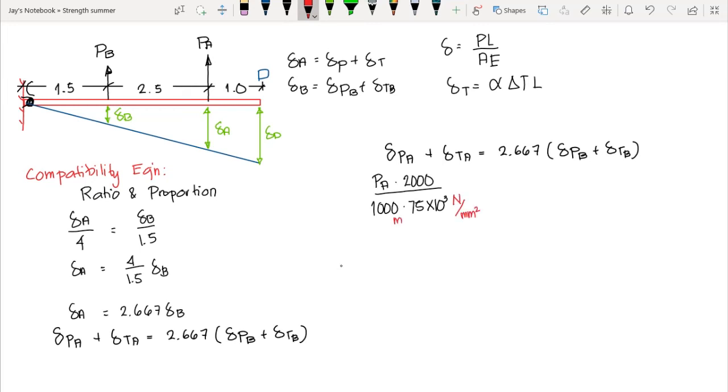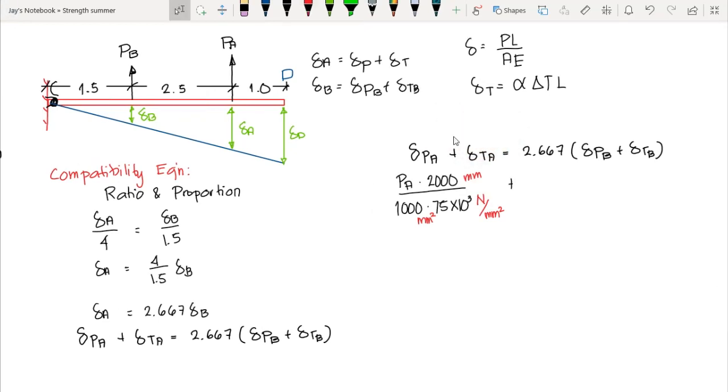The square millimeter cancels, and the remaining unit would be millimeter over Newton, which will be simplified further once we substitute the deformation due to temperature.